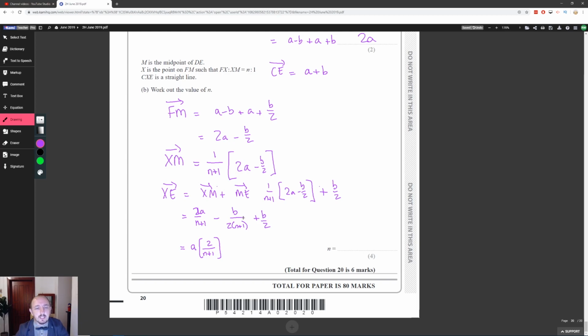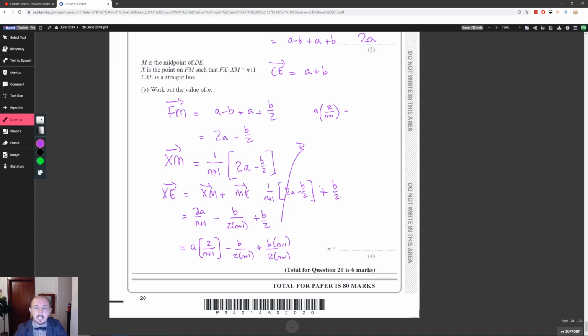Actually, let's collect these together. So we're going to have minus b over 2 brackets n plus 1. And I'm going to make this a common denominator by multiplying top and bottom by n plus 1. Like that. Okay. So I'm going to just take this up here. And we're going to have a over 2 brackets n plus 1.